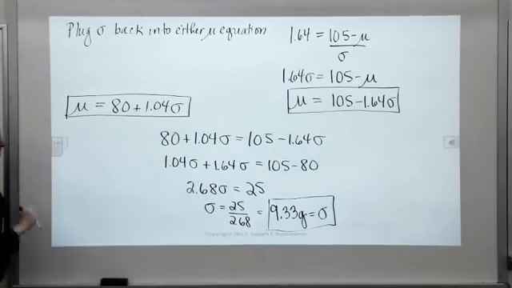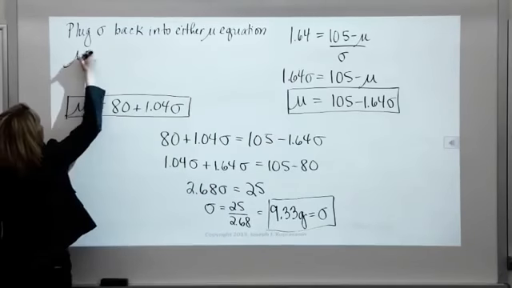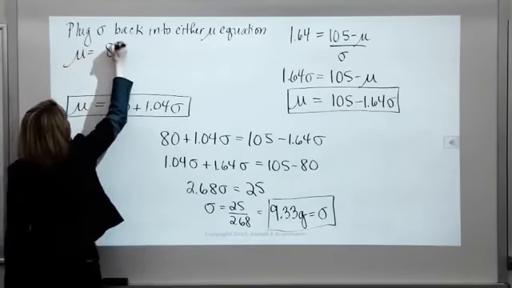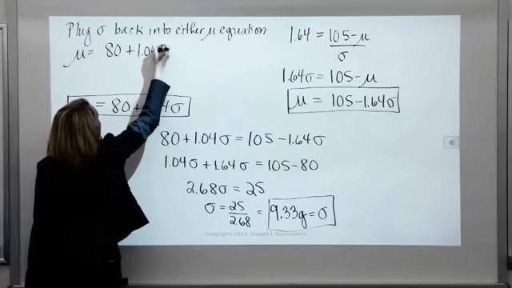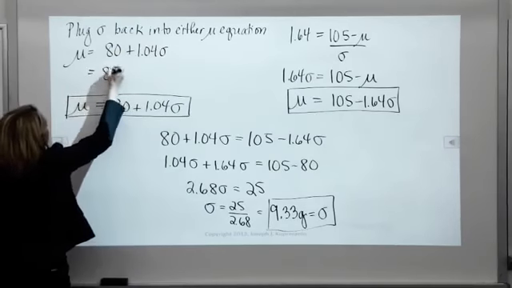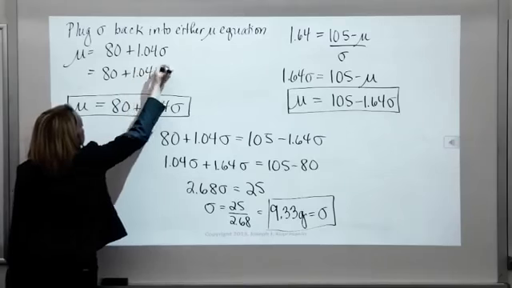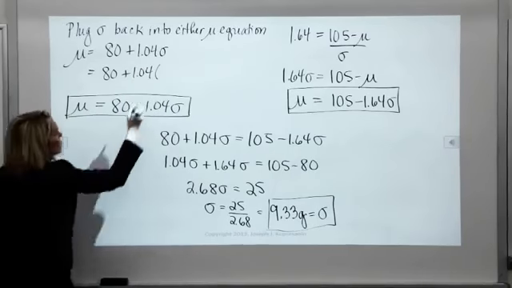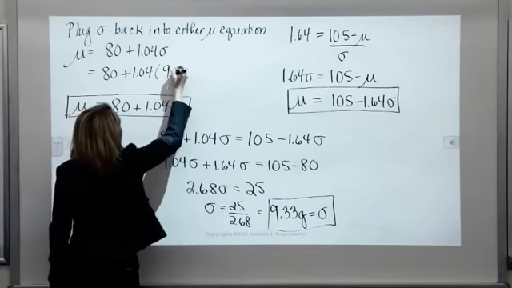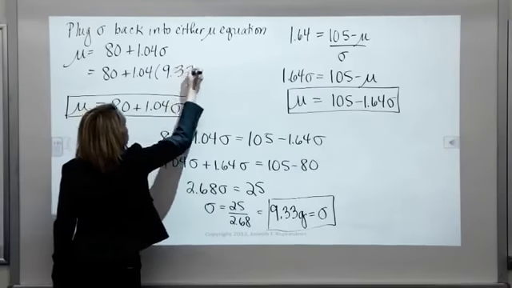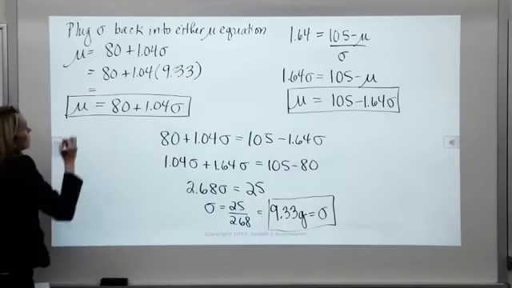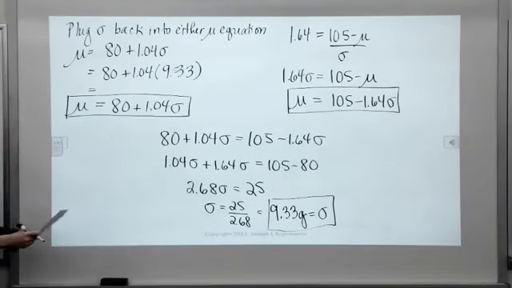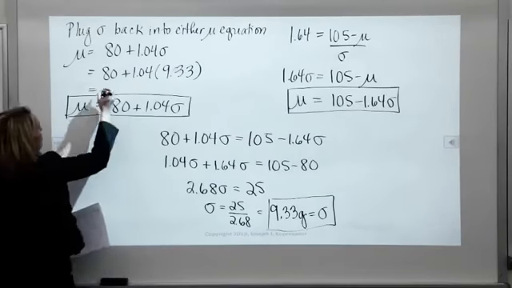I'm going to use this one just because it's right here. And so when I let sigma be 9.33, you will get 89.7 grams.